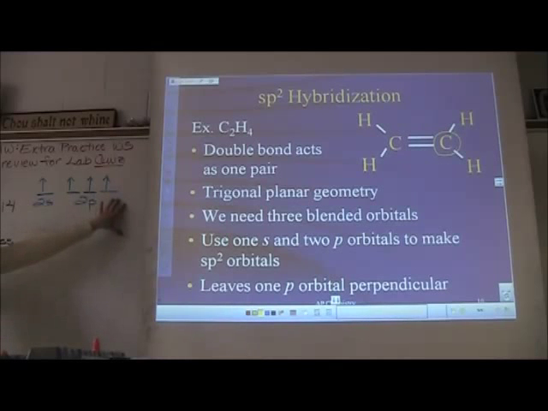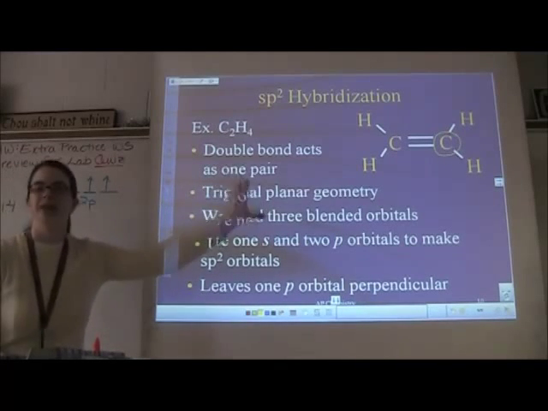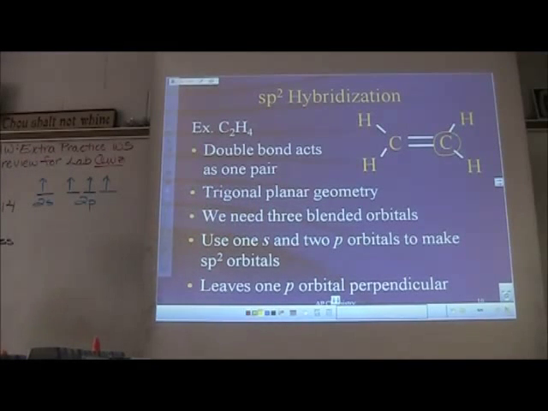And you might look at this and say, well, these 3 are identical. Why don't we just use these? Well, that would be nice, but there's no scientist doing this. This occurs in nature, and what occurs in nature is that one and that one get used.